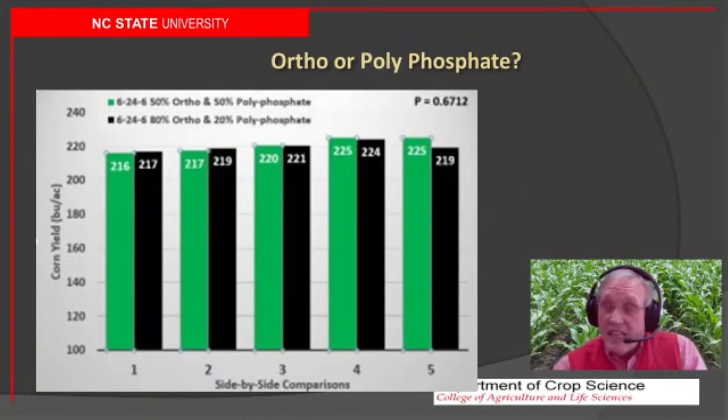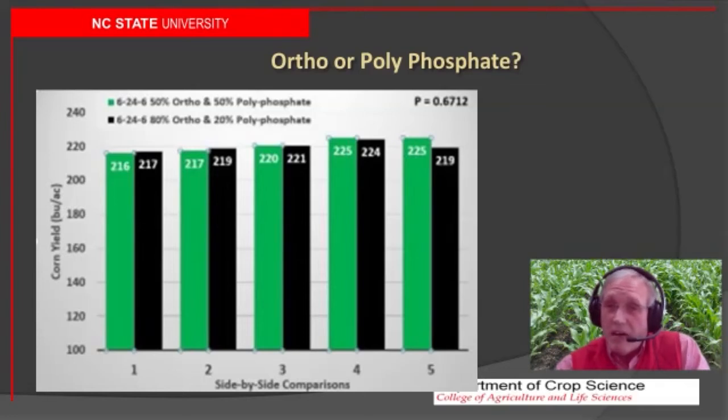And I have not tested this, so this is not my science here. But what I can discover in looking at studies that have looked at poly versus orthophosphate, basically an orthophosphate has some advantage. Poly has to be converted. They're just different manufacturing processes, but a polyphosphate has to break down in order to get uptake of that phosphate.